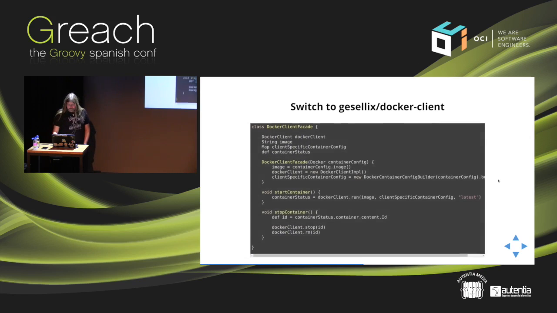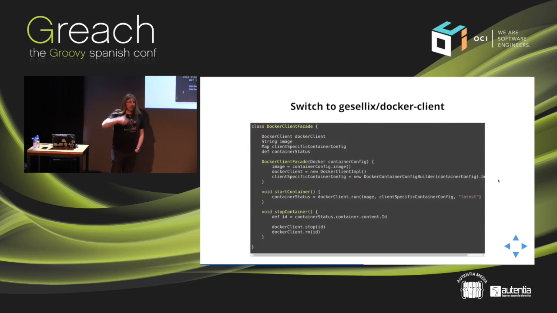Then, after I wanted to add more features, I switched to the Groovy Docker client by Tobias, and I really could throw away most of the code I had before, all the boilerplate and verbose stuff of the Docker Java client. I could remove it, and that's a great library.